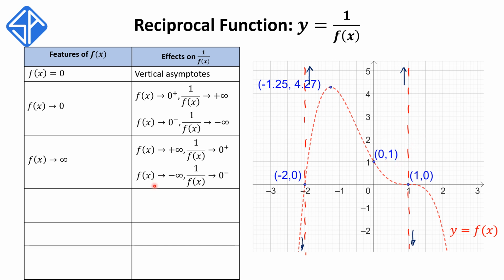However, we do have f of x approaching negative infinity, which is this section here and this section here. When that happens, we have 1 divided by a very large negative number. So we're still going to get a negative answer, but it's so small. So we say the reciprocal goes towards 0 on the negative side. So we're going to sketch that in here as well.